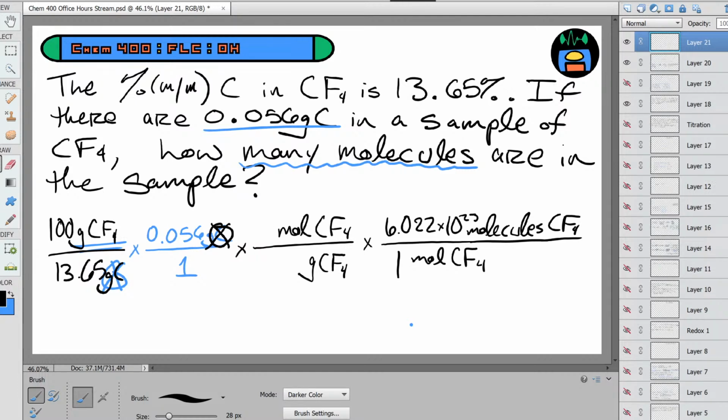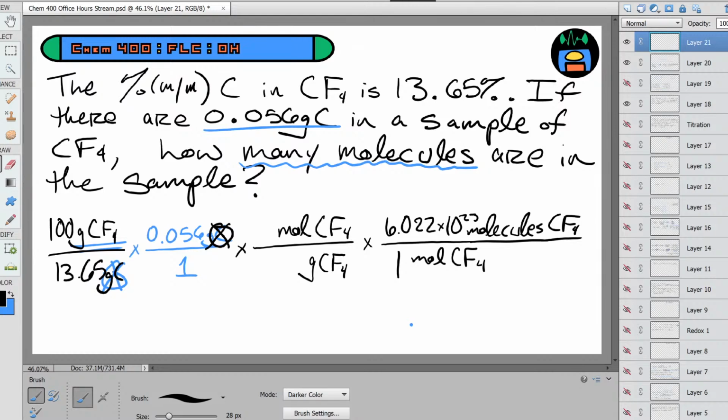Carbon, okay, sorry, Photoshop freaked out for a hot second there.